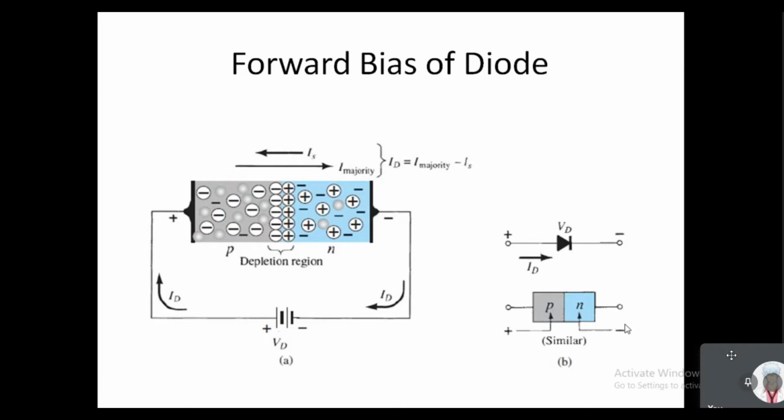Under forward bias condition, the holes which are a majority on the P side can easily go into the N side, and the electrons which are a majority on the N side can easily go into the P side. The effect is to reduce the width of the depletion region. So if the width of the depletion region reduces, it means the potential barrier is also reducing.